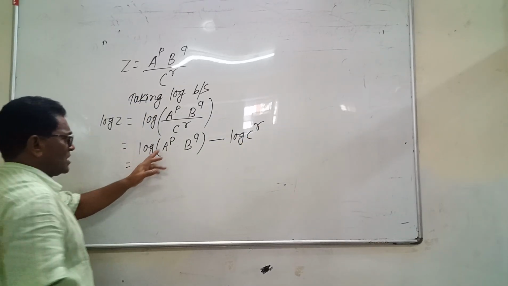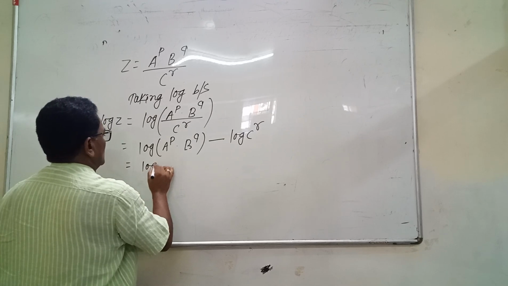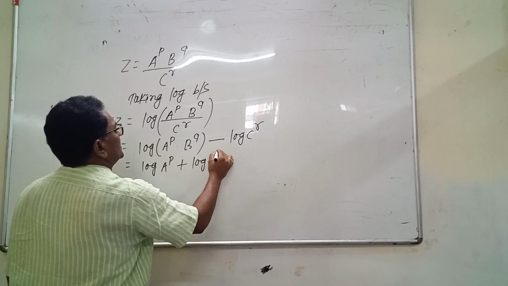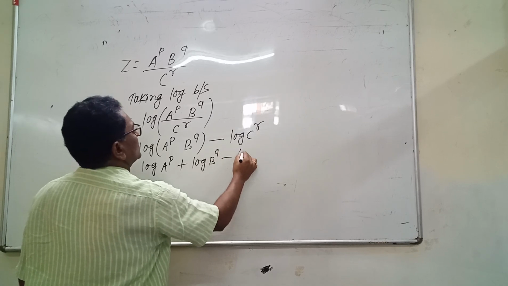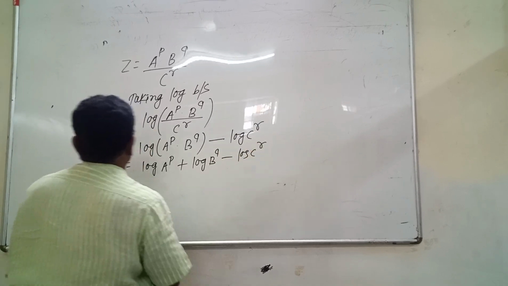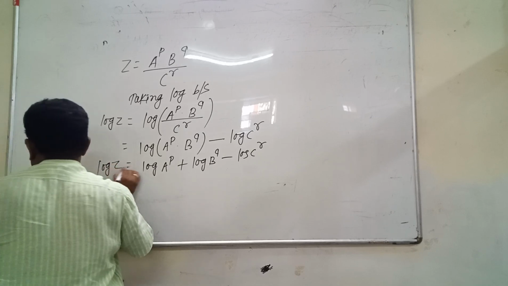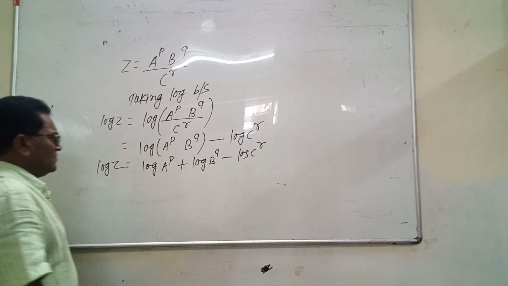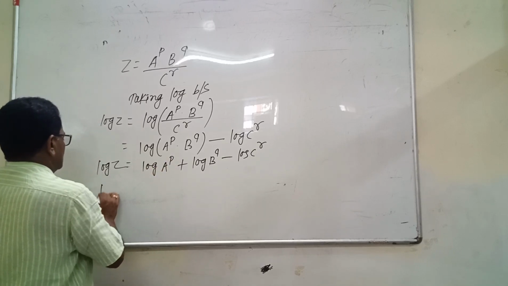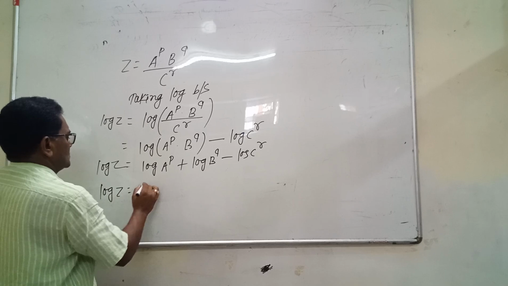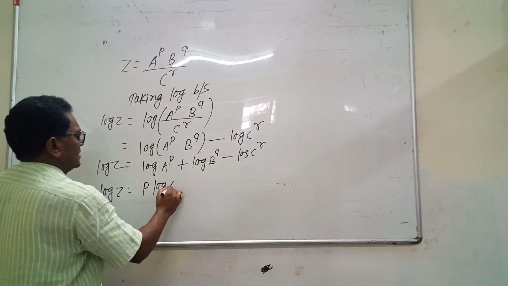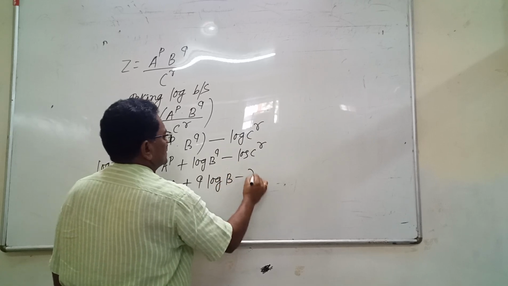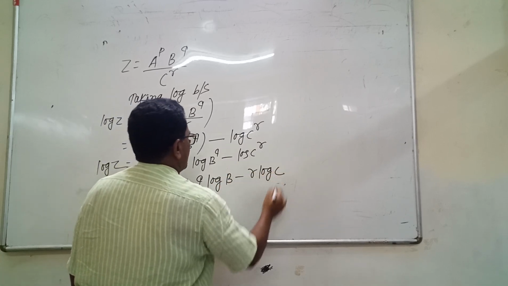Again use the formula log a into b: this is log a raised to the power p plus log b raised to the power q minus log c raised to the power r, and this is log Z. Now in logarithm we can write powers in front. So log Z equals p log a plus q log b minus r log c.